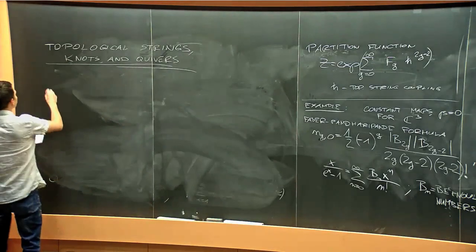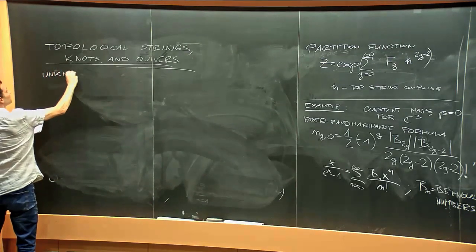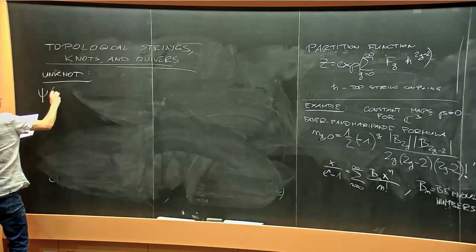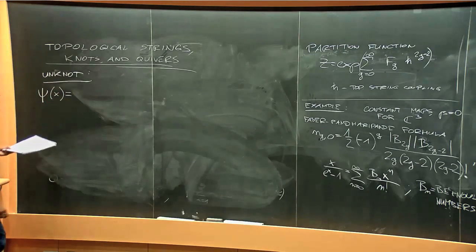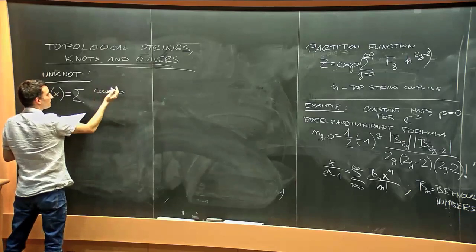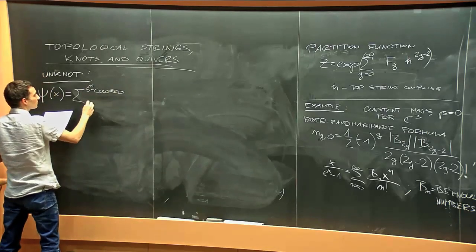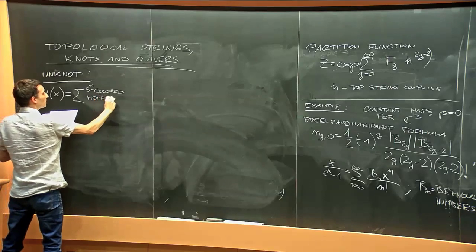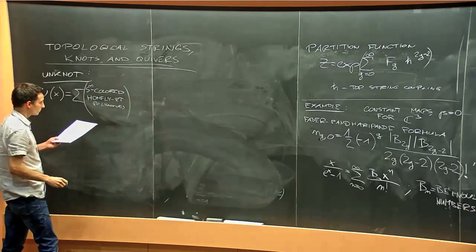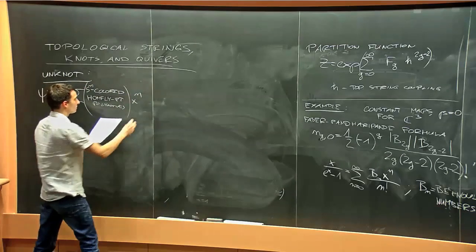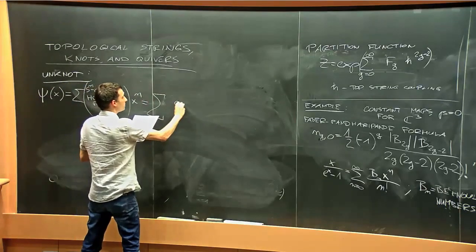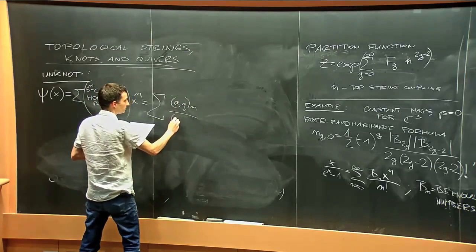So what I'd like to do is to consider the unknot and consider a generating function of symmetric representation colored, so S^n colored, HOMFLY-PT polynomials, which are very well known. For the unknot, these colored HOMFLY-PT polynomials take the following form.